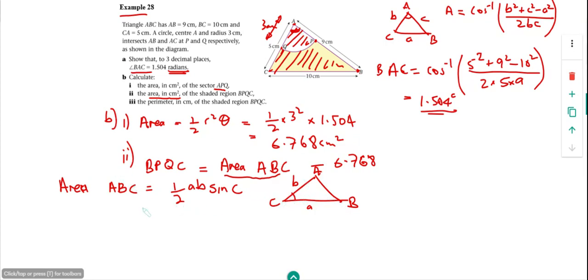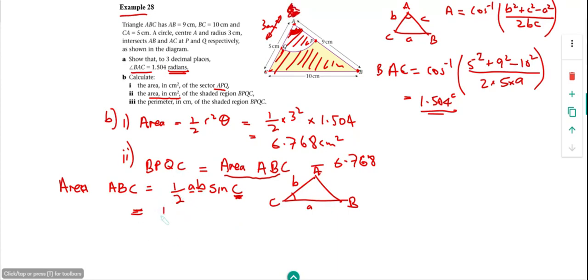In our case, we know this angle, and we know length AC, and we know length AB. So there are A and B, and the angle that we know is the angle C. The letters in the diagram don't always fit the letters in the formula, and we have to get them to fit that. So for our formula, this is our C. I'll cross it out so it's not confusing there.